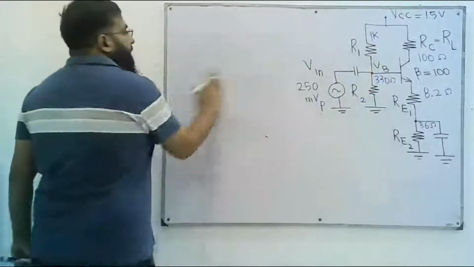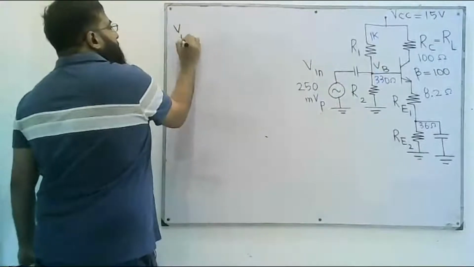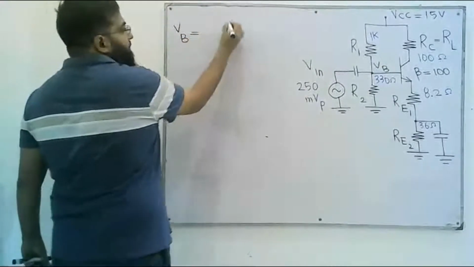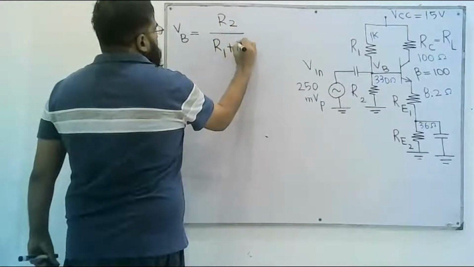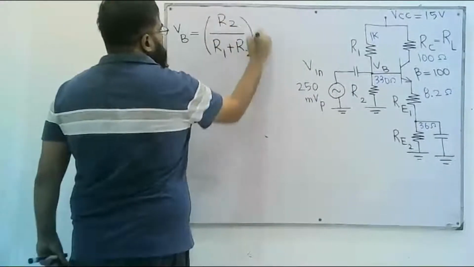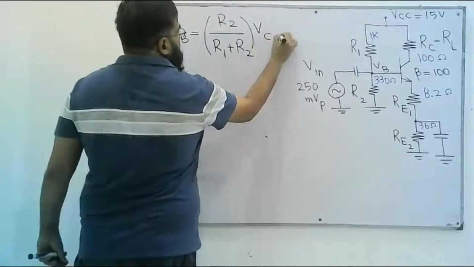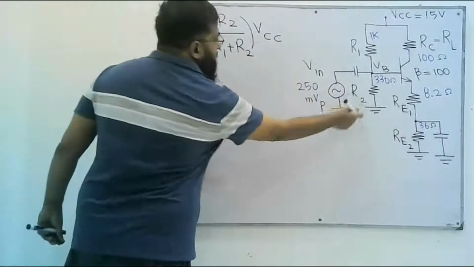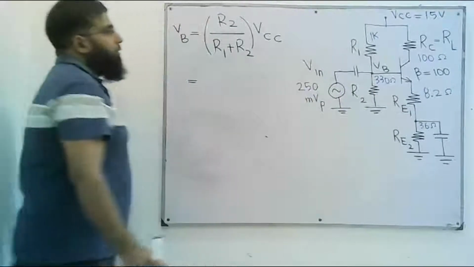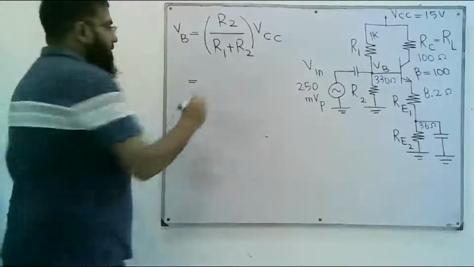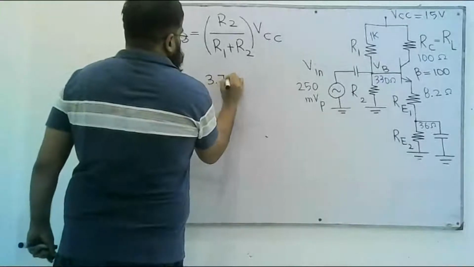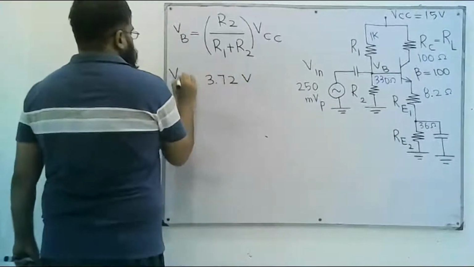So we apply the approximate analysis to find VB is equal to R2 over R1 plus R2 times VCC. The values are given. R2 is 330, R1 is 1K, VCC is 15. Plugging these values in, VB comes out to be 3.72 volts.